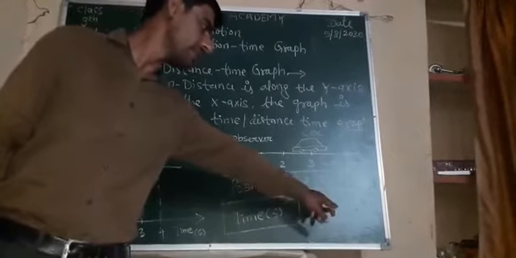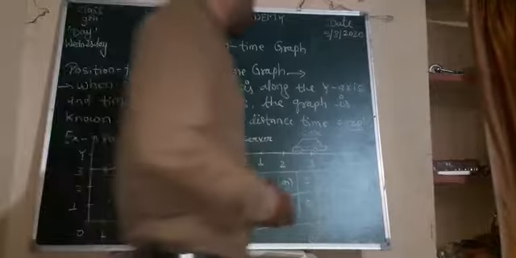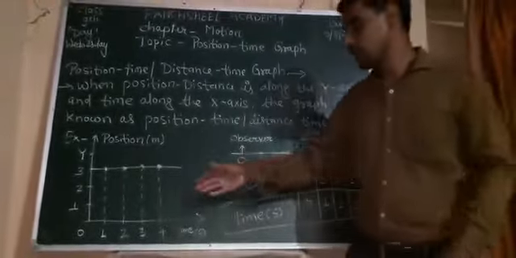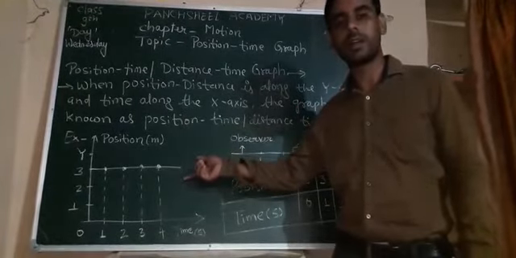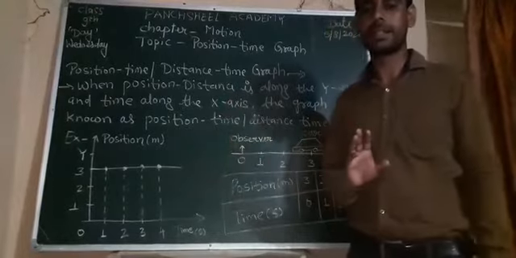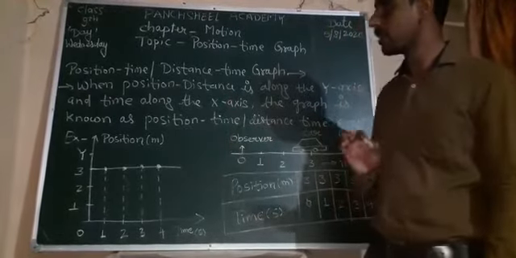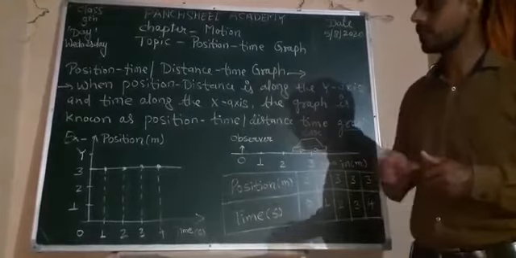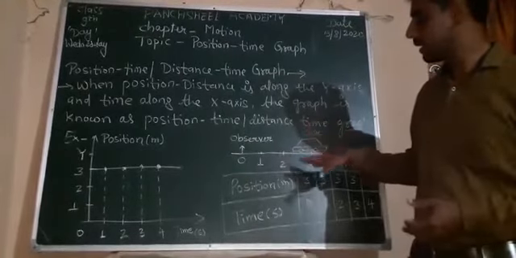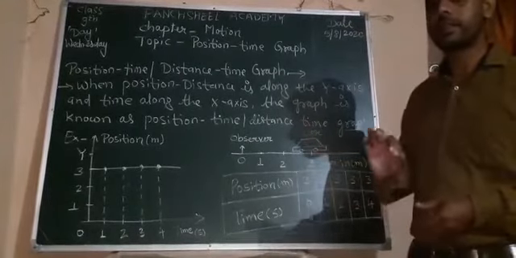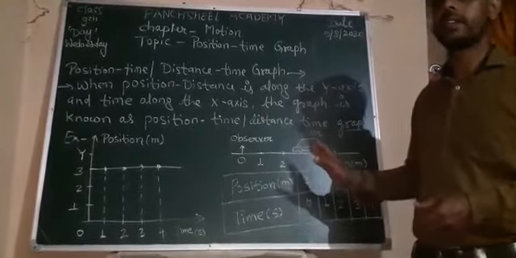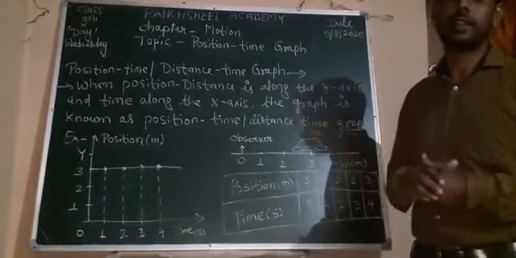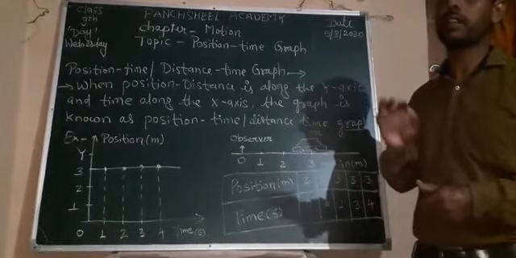If time is 2 second then position is also the same. So whatever the time, the position of the car is the same. What is the important conclusion? If the time is increased but the position of the car is the same, then we can say that the car is in rest or stationary condition.